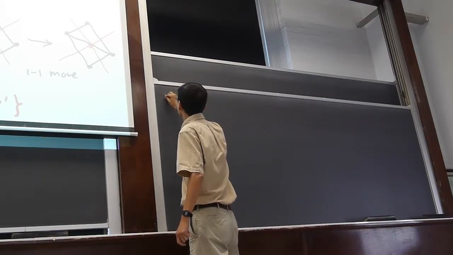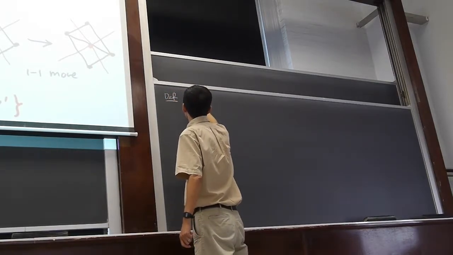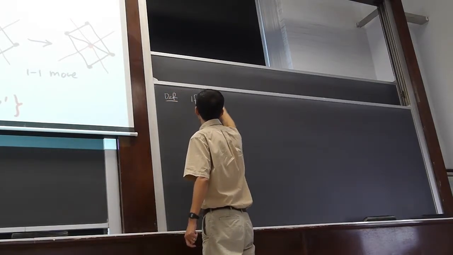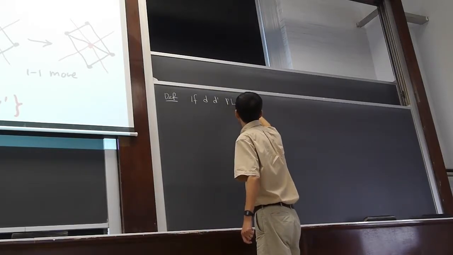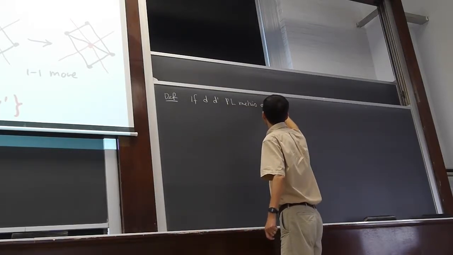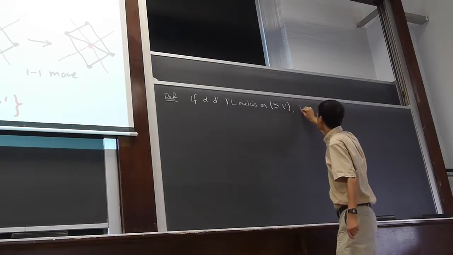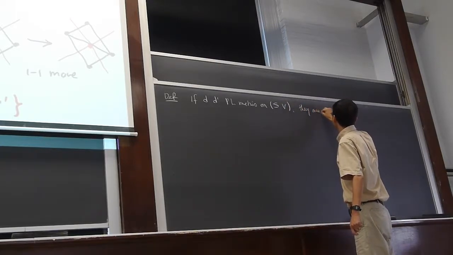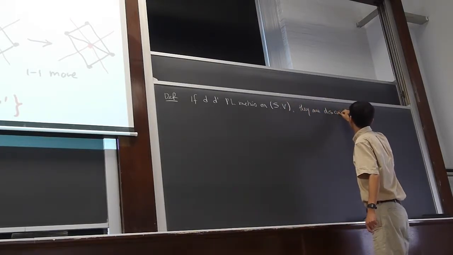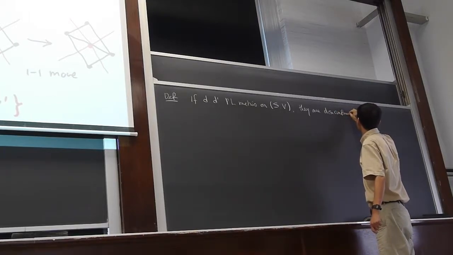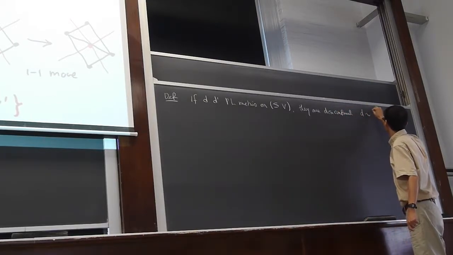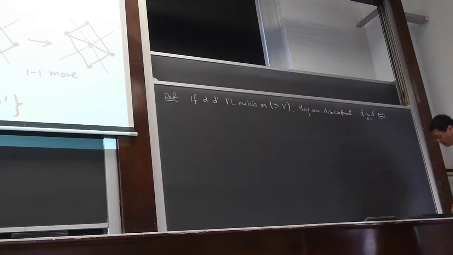So here is our definition. Suppose I have 2 PL metrics on a marked surface. They are discrete conformal, I'm going to write it as D, D prime discrete conformal, if the following condition is true.